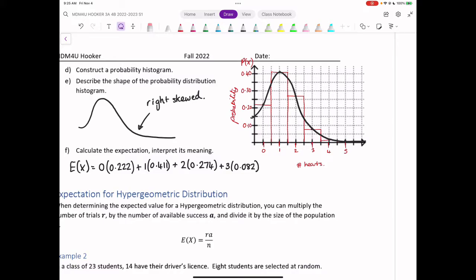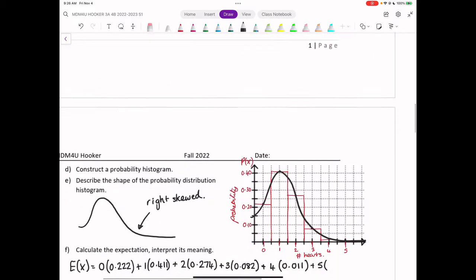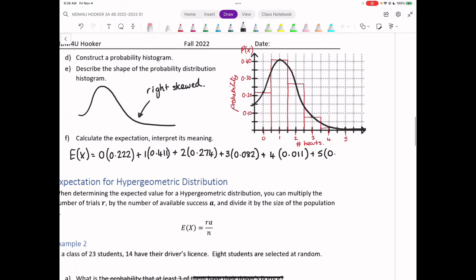Just going to move this out of the way because it's kind of in the way. There we go. And let's go back. All right, plus 4 times 0.011 and plus 5 times, I can't remember the last one, 0.0004. Okay, and that comes out to be 1.25.